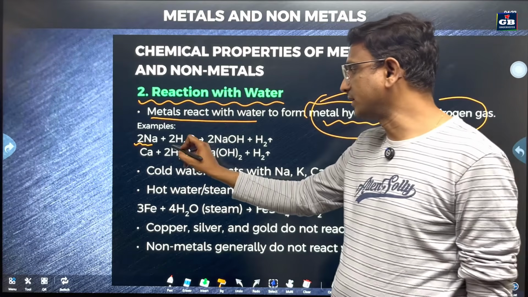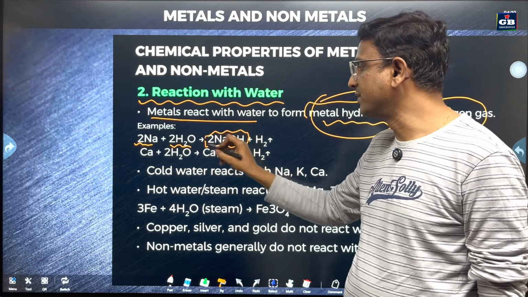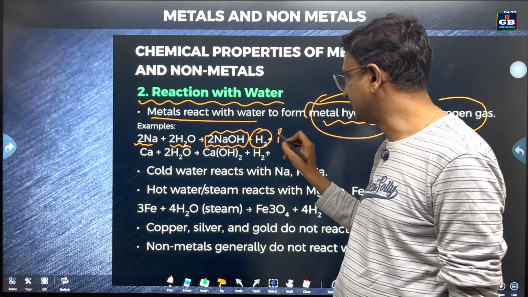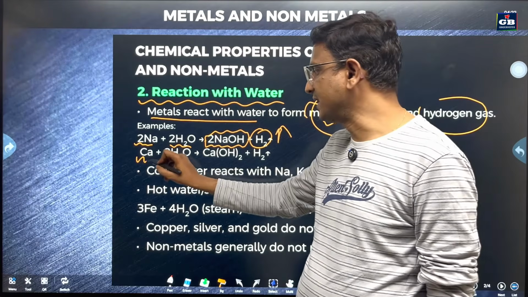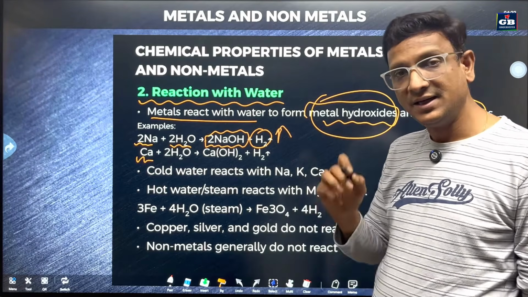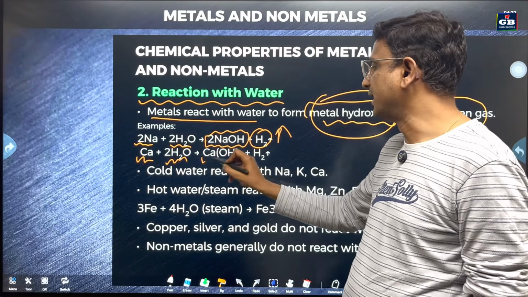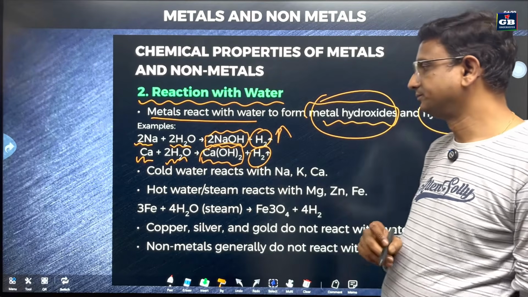It reacts with water, metal plus water, metal hydroxide, that is sodium hydroxide, plus hydrogen gas is released. Okay. Another example, calcium is a metal. It reacts with water, calcium plus water, metal hydroxide, that is calcium hydroxide, and hydrogen.